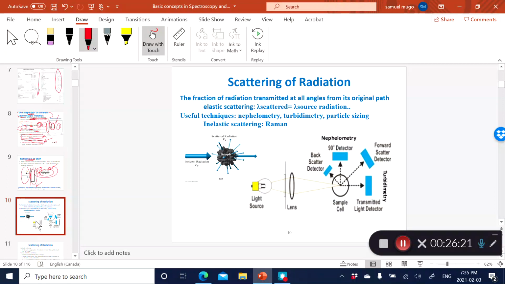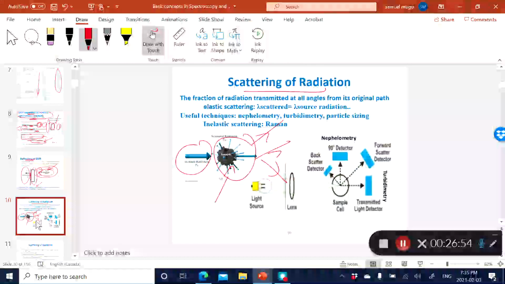I think the fourth type of behavior of light as it impinges on a specimen is what you refer to as scattering. And I think it's fairly obvious. As an incident beam impinges on the sample, you would expect the light to be scattered by that specimen. The scattering really is dependent, of course, on the size of the particle, but it's also dependent on the chemical composition of the particle.